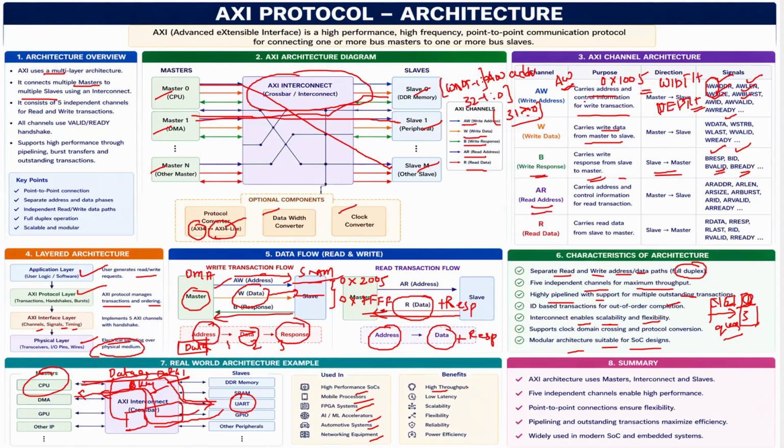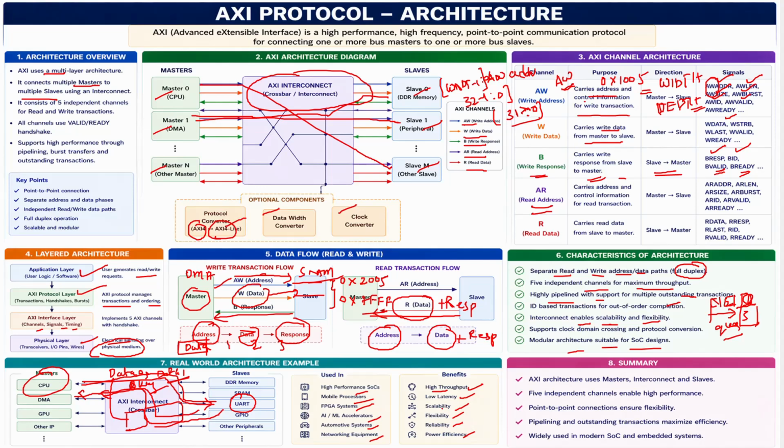And the benefits: throughput is high, latency is low, scalability, flexibility, reliability, power efficiency. Low power is consumed, more reliability. That means once we design it, we will use it for a long lifetime. And flexibility: who is connecting, who is disconnecting, there is no problem in that.